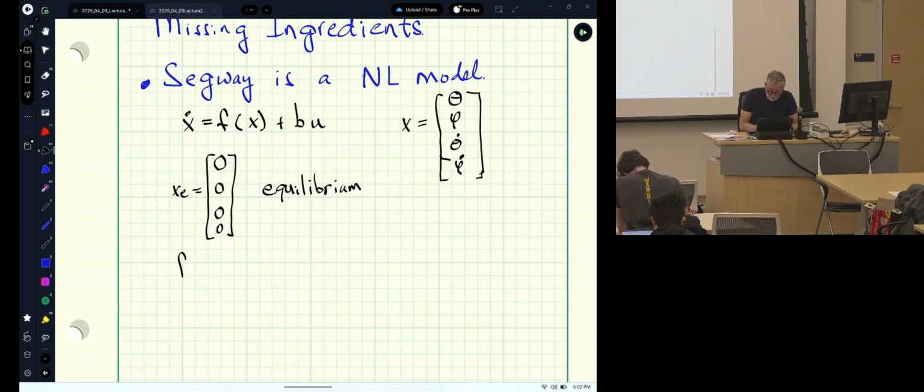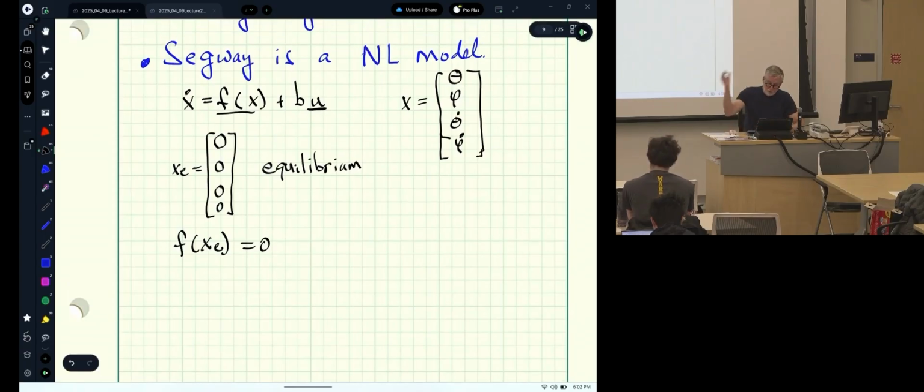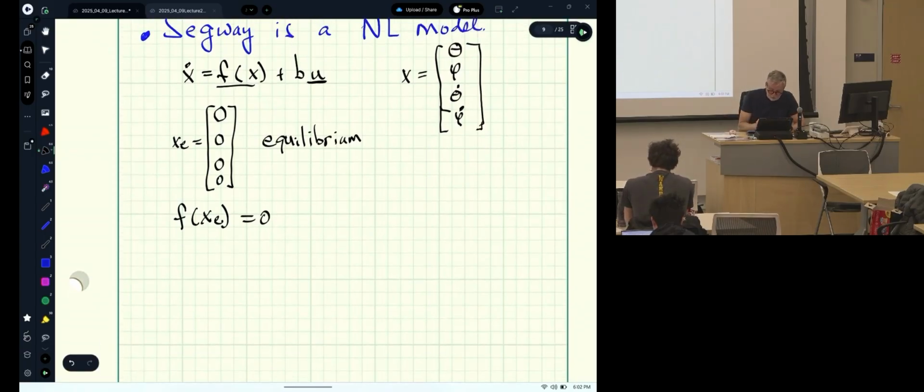At the equilibrium, the differential equation, the right-hand side, this part is 0, and if we set the motor torque equal to 0, then nothing's happening. Okay? All of our methods have been for linear models.